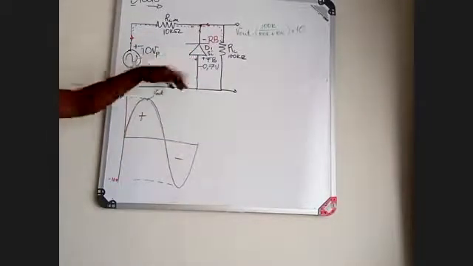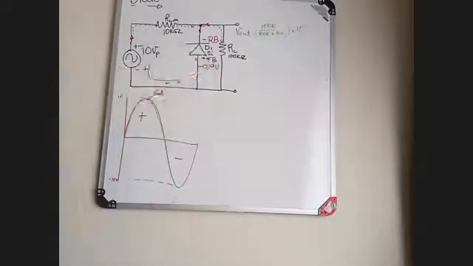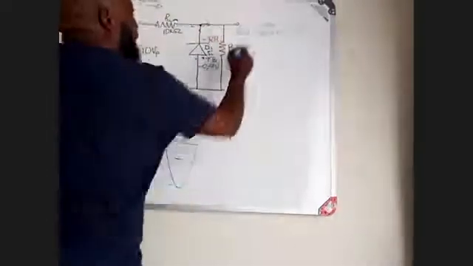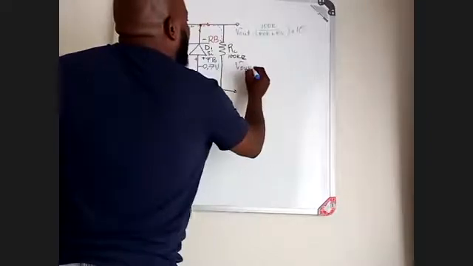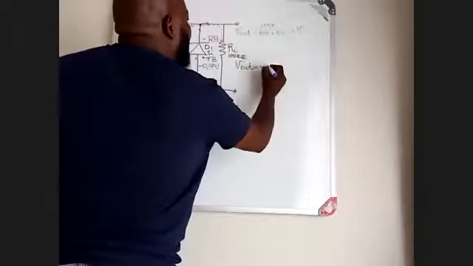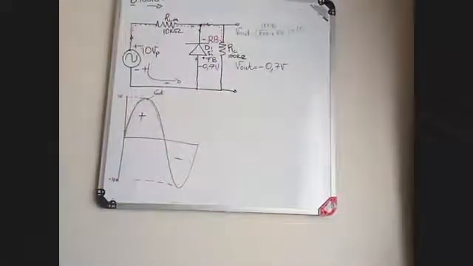Which means when I measure the V out, now my V out is going to be a V out of minus 0.7 volt. A V out of minus 0.7 volt, which means I am going to do what?